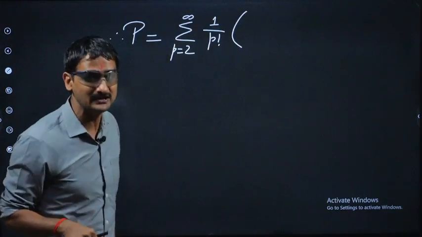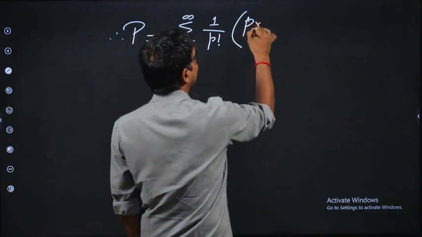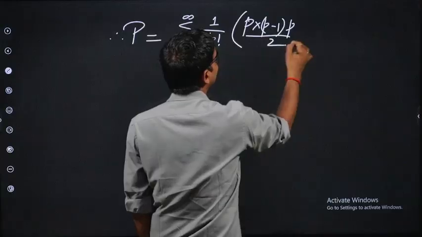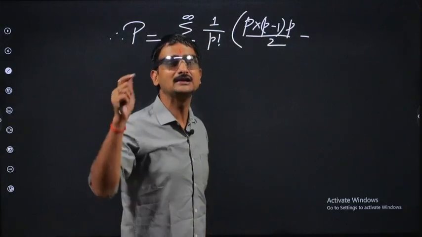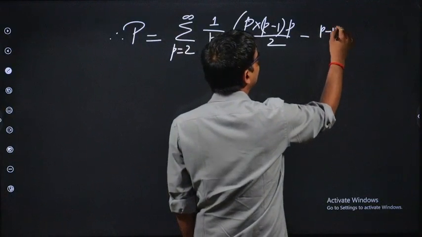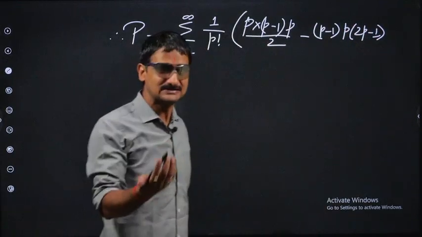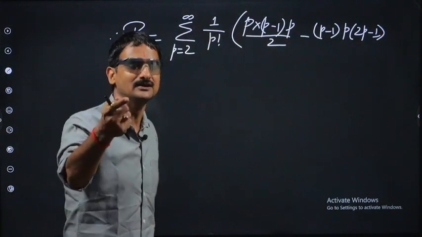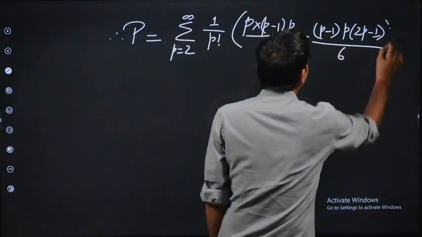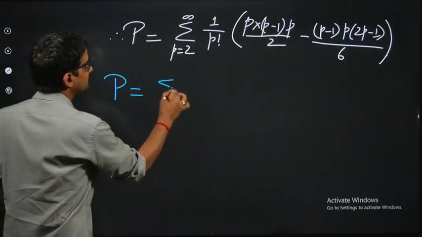Here in place of n we have p minus 1, so p into (p minus 1) into p by 2, minus the summation of a square, where instead of n we put p minus 1: (p minus 1) into p into (2p minus 1) by 6, because replacing n by p minus 1 in 2n plus 1 gives 2p minus 1. Now we just have to simplify, and we have the entire series in terms of p only.